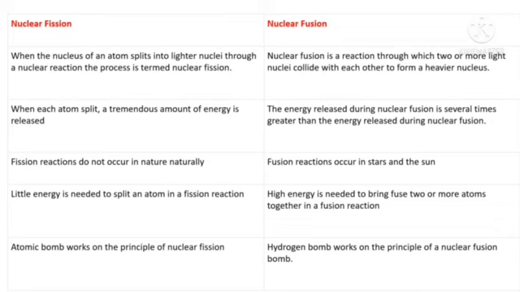And the fourth difference, in fission reaction, little energy is needed to split an atom, but in nuclear fusion, high energy is needed to fuse two or more atoms together. And the example for nuclear fission is the atomic bomb. And the example for nuclear fusion is the hydrogen bomb.